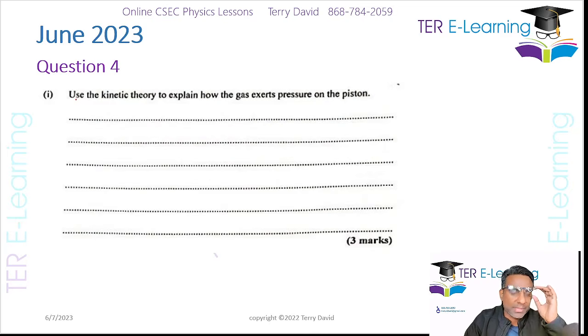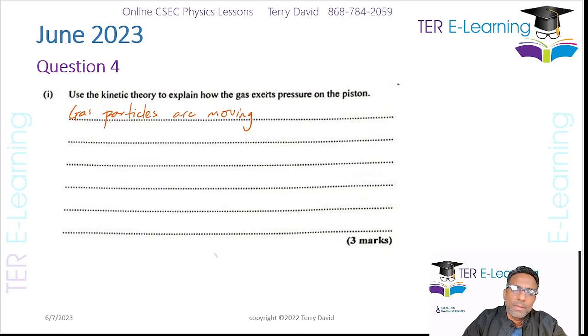I've done this like a million times online as well as in my classes. So there are certain key things that they're looking for here. So the gas particles are moving randomly in all directions. Now they collide with each other, but the key thing here is that they collide with the walls of the container.